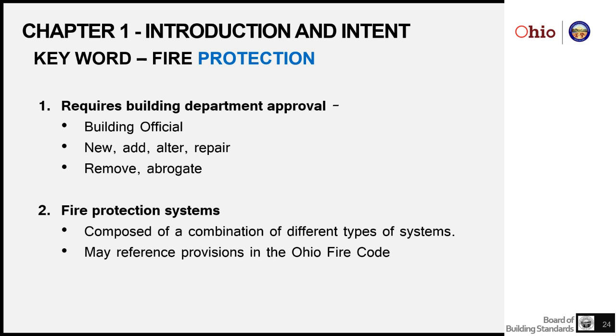Some of the things may reference provisions in the Ohio Fire Code for them to be approved as part of the fire protection system of the building. So you do need to have some knowledge of the Ohio Fire Code as a plans examiner, for instance, a designer, or the building official when it comes to designing appropriate fire protection systems. Maintenance of those fire protection systems is fire prevention.